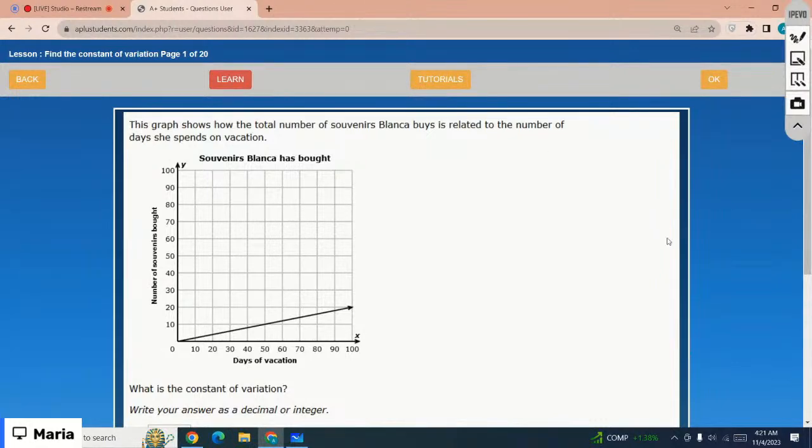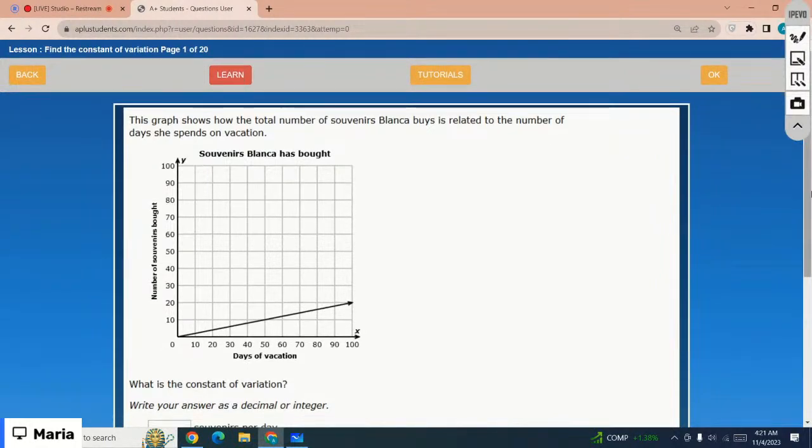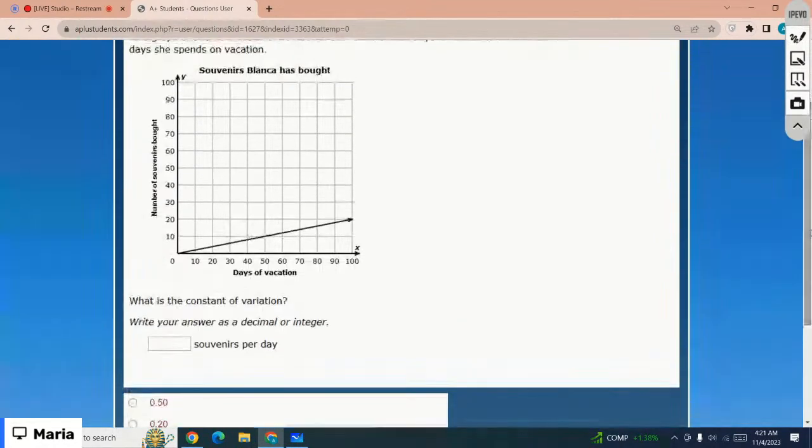Just use any 2 points from the graph and calculate the slope, right? I'm going to use this one, 50, 10. You can use any 2 points on the graph, right? Or you can use 0, 0 and 10, 50.